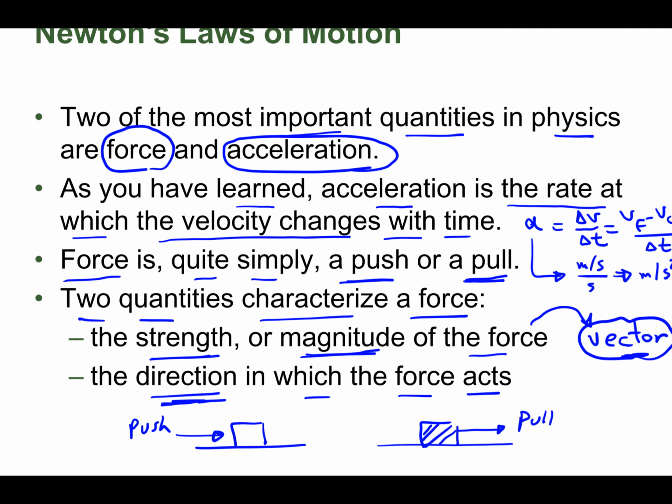But if you have a quantity that to define it well you need only magnitude, we call it scalar, like time, like volume, like area. So acceleration is a vector quantity, it has magnitude and direction. Also force is a vector quantity, it has magnitude, or what we call strength, and direction.